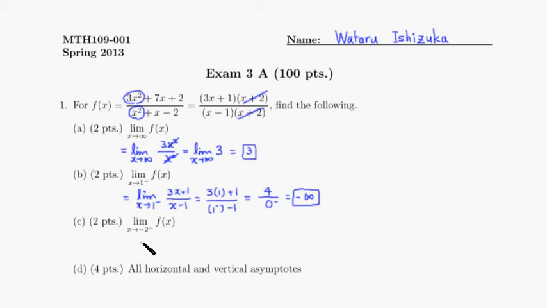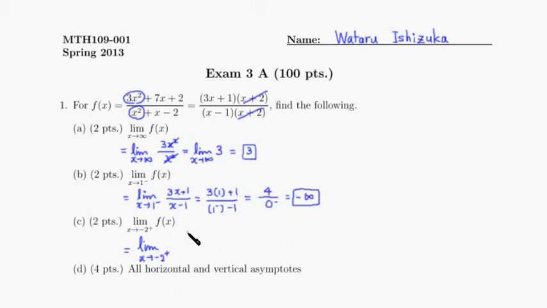Part C: it's the same function, and the limit as x approaches negative 2. So this is going to be the limit as x approaches negative 2 from the positive side.